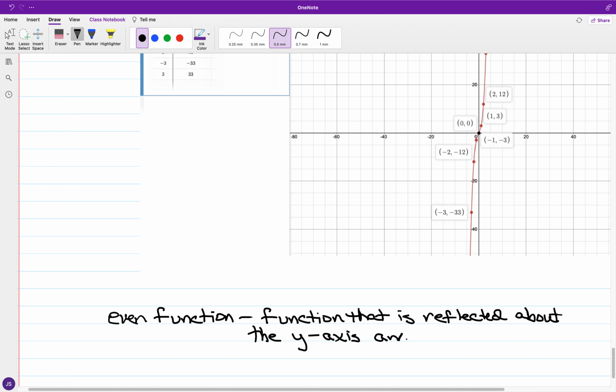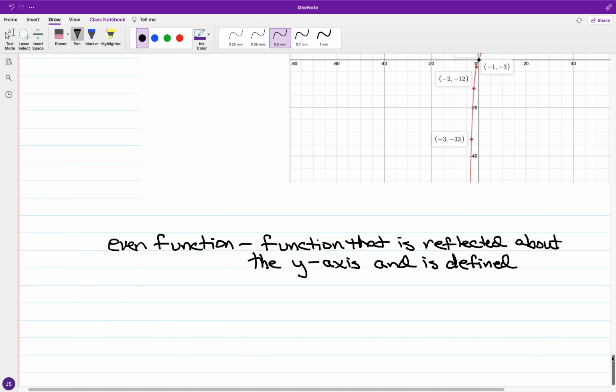And this is going to be defined by another functional relation.